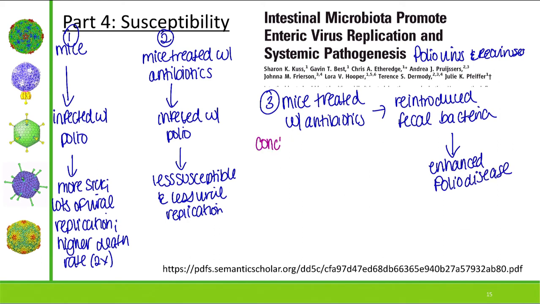What their conclusions were, and again, I should reiterate that the same set of experiments was completed with both poliovirus and reoviruses, and they saw very similar results in both.